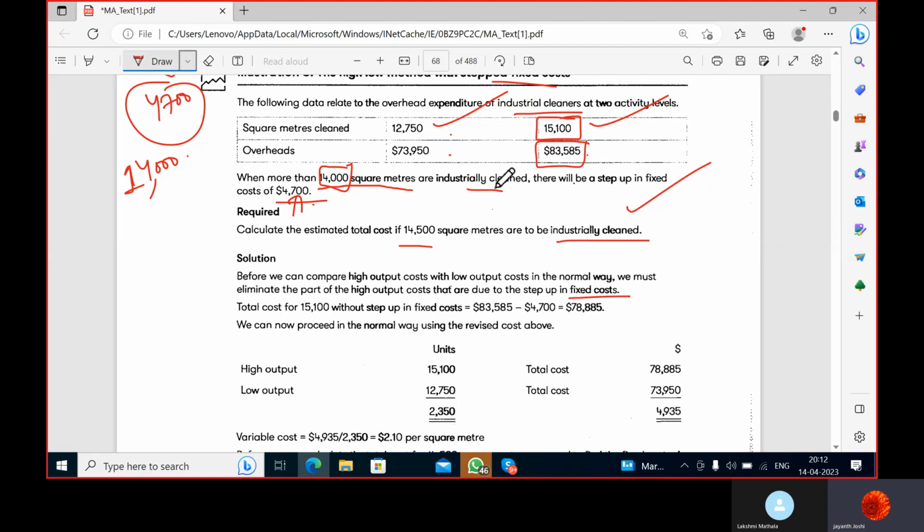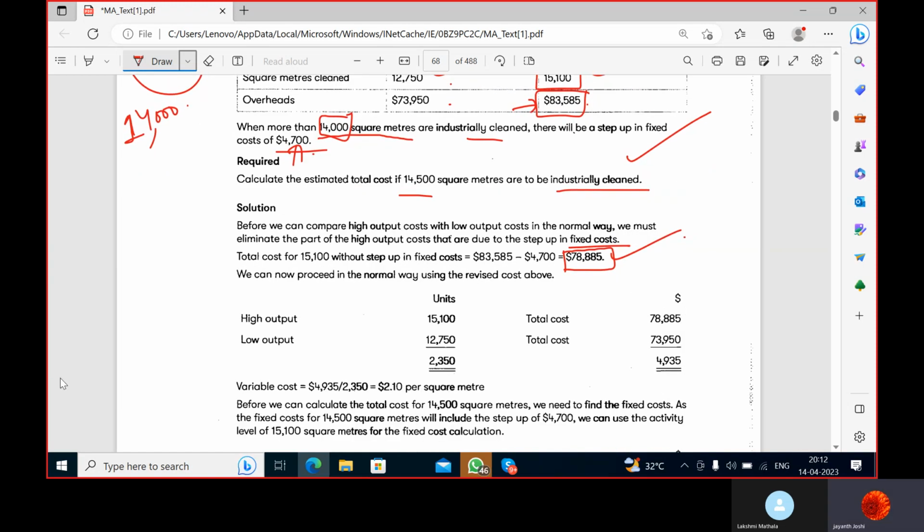So we have taken 15,100 without step up in fixed cost. We want that without step up in fixed cost. So this is with step up in fixed cost. We need to remove that additional fixed cost and we get the cost without step up in fixed cost. So 83,585 minus 4,700 will give me 78,885.